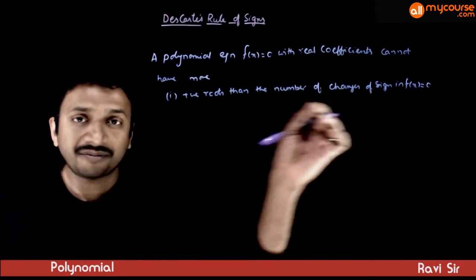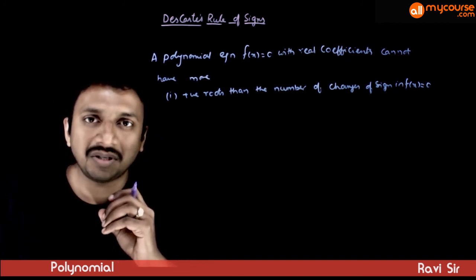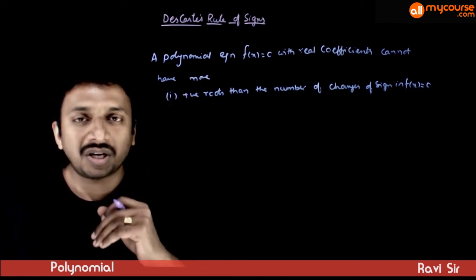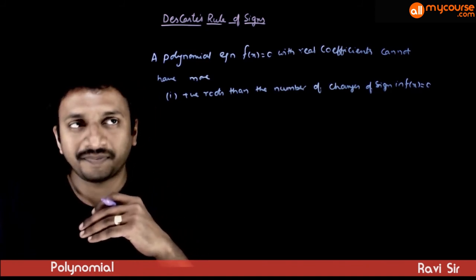That is, if you have 3 sign changes in f of x is equal to 0, the polynomial equation f of x is equal to 0 cannot have more than 3 positive roots.